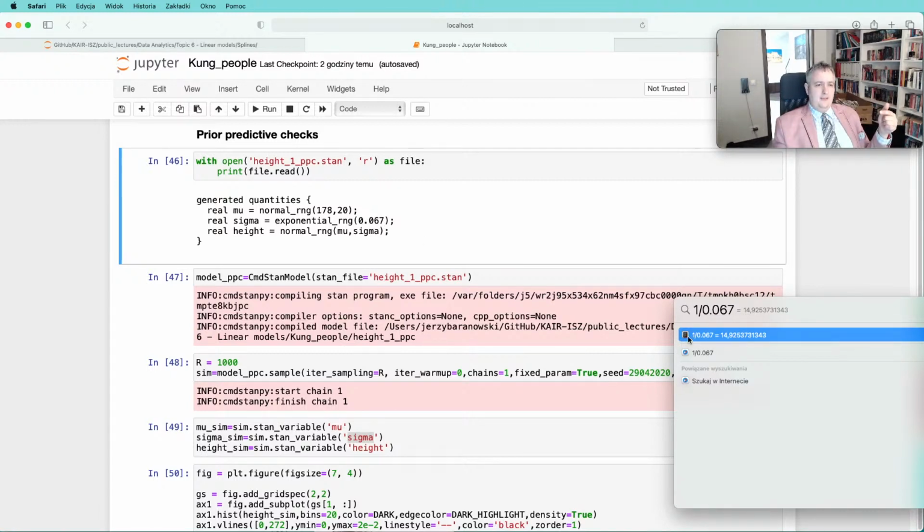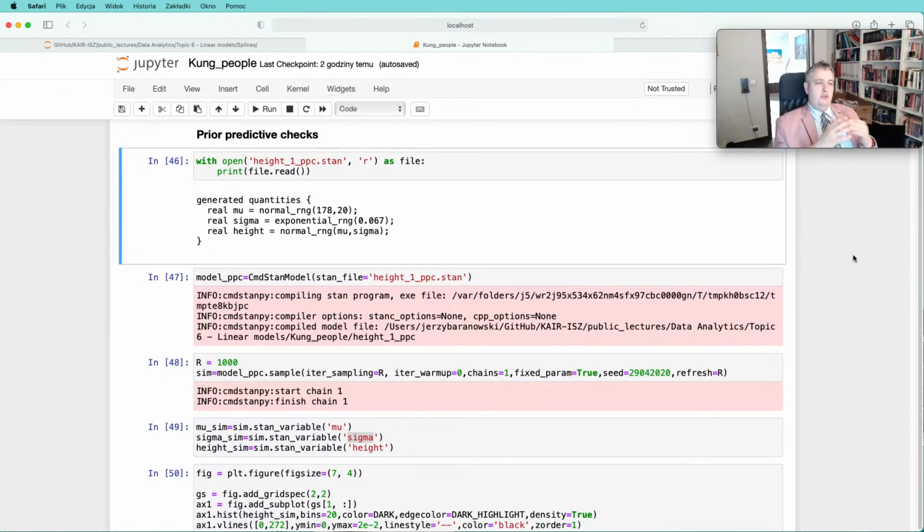So in our case, it will be almost 15. So let's say that we want our height to have at least 15 centimeters of spread, for the normal distribution for the height to have a standard deviation of around 15 centimeters. This is our focus. So that's a positive value with average of 15 centimeters.